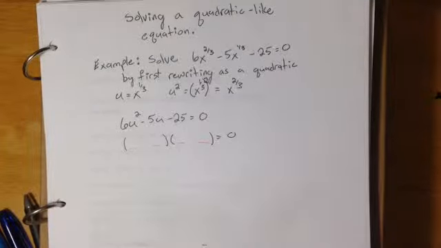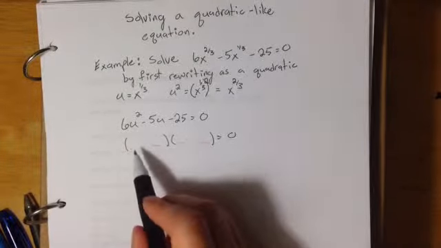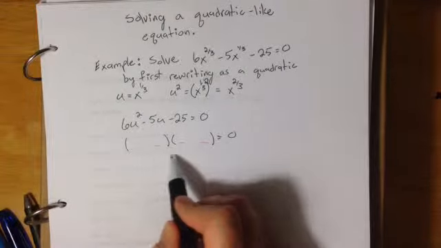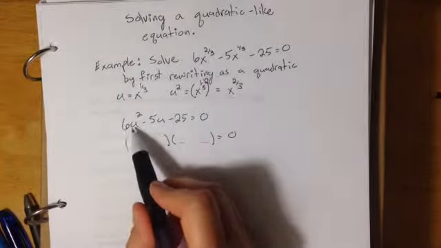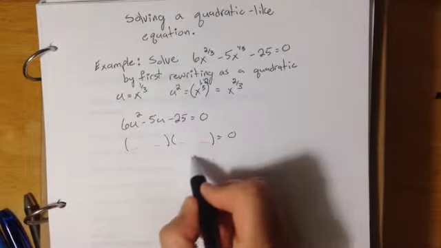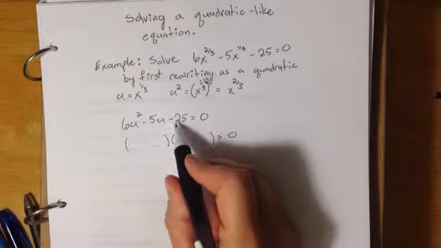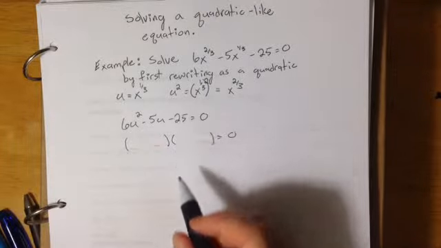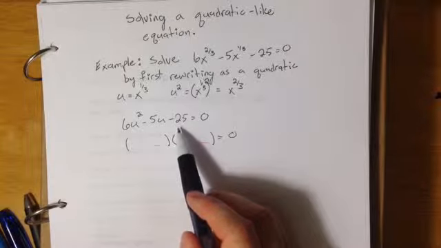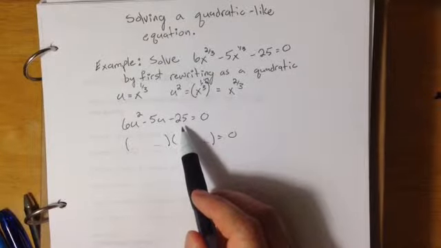Thinking about FOILing helps me a lot because I know that I'm going to have to multiply these first 2 terms together to get 6u squared, and I'm going to have to multiply the second 2 terms together to get negative 25.